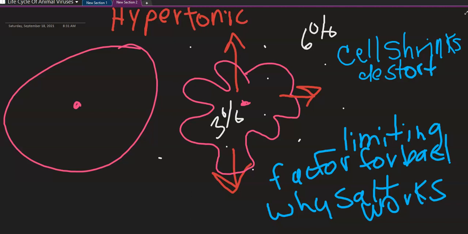This is why they can often use salt to preserve meat, because they put salt all around it, and it is going to be a limiting factor for the bacteria. The bacteria are not going to be able to function, or perhaps it will kill them, and therefore your meat is not going to spoil because there's no bacteria there. So that is hypotonic, hypertonic, and isotonic.